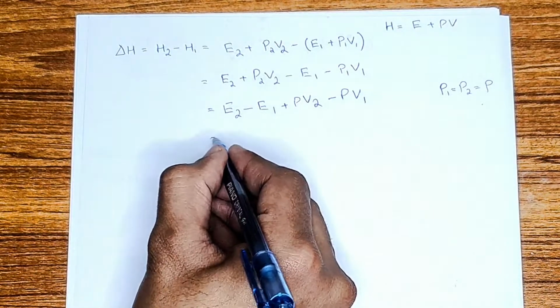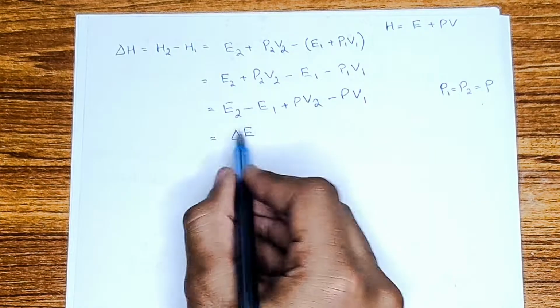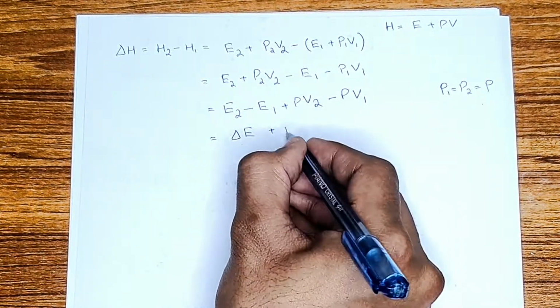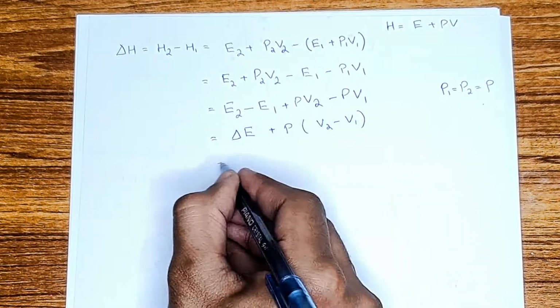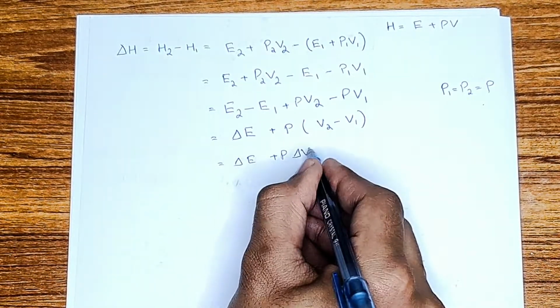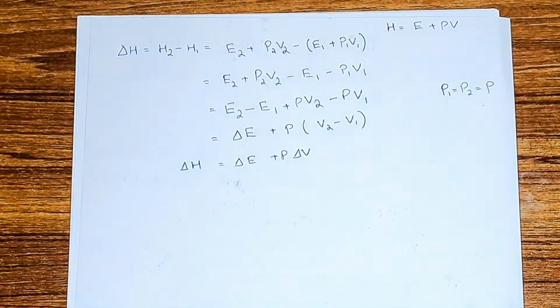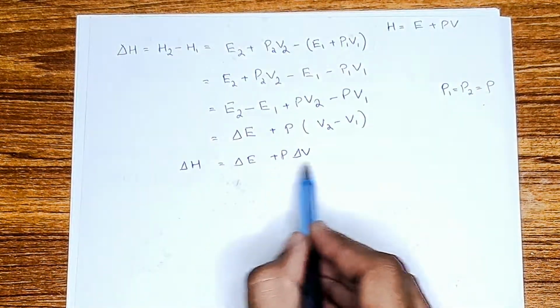Now E2 minus E1 can be taken equal to delta E, because that is the change in the energy. And again, you have to take pressure as common, and we will be left with V2 minus V1. And V2 minus V1 will be equal to delta V, and this here is delta H. So that means the change in enthalpy is equal to change in the energy plus the P delta V. Here, this is the work done on the system.